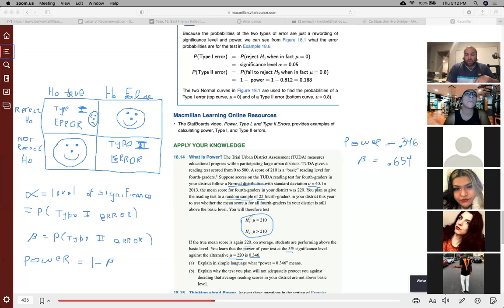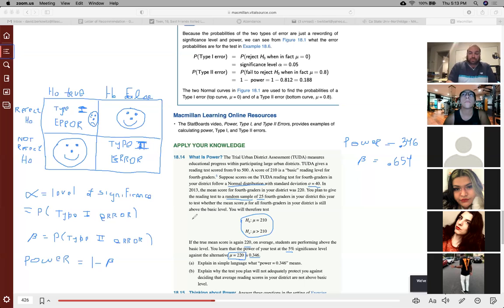So if the null hypothesis is false, then mu is not 210. Well, what is it then in this example if it's not 210? 220, right? We're testing specifically against this alternative.